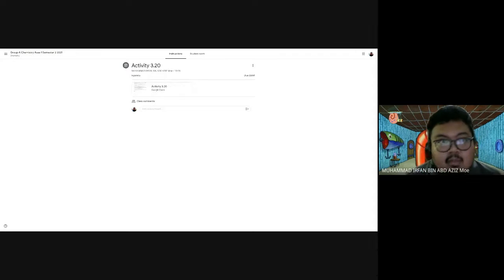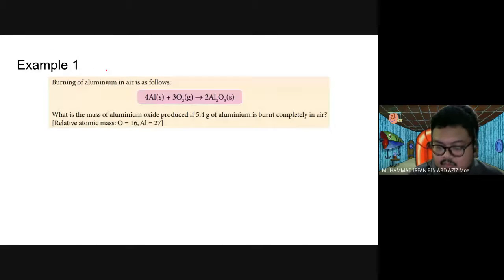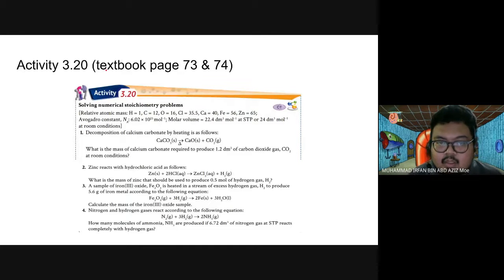Try to do question 1 first, here. The decomposition of calcium carbonate. The chemical equation is already given, so this is straightforward, not very difficult. You do not need to write the chemical equation. I give you 5 minutes.